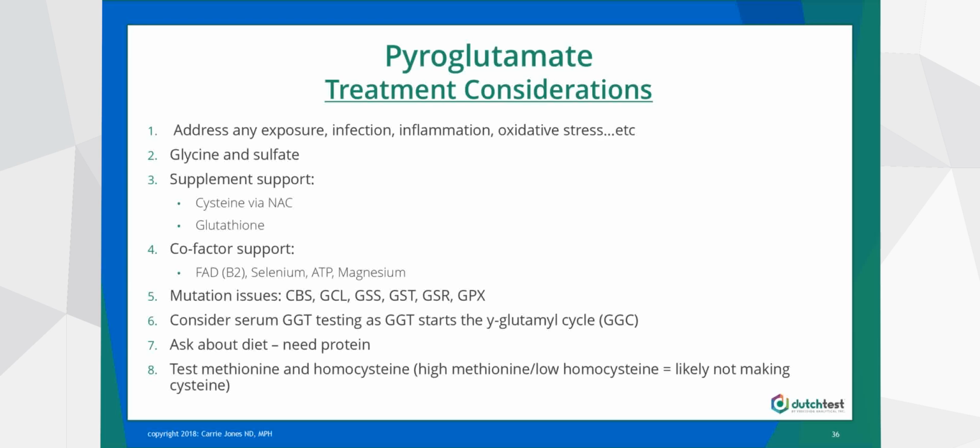Remember, it comes from glycine, so glycine support, sulfate support, cysteine, versus a lot of people will give NAC or N-acetylcysteine as a supplement, giving glutathione if it's appropriate. The cofactors are FAD, which is vitamin B2, selenium, making sure their mitochondria are healthy enough to make appropriate levels of ATP, magnesium. Mutation issues. So if you're interested in glutathione genetics, for sure, I have listed out some of the glutathione genes you can look into.